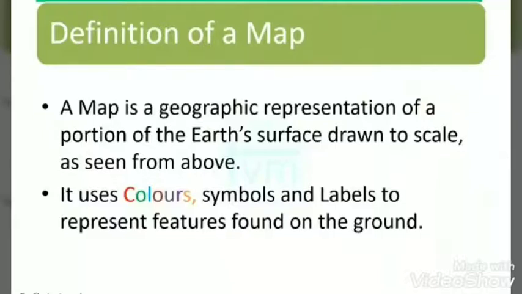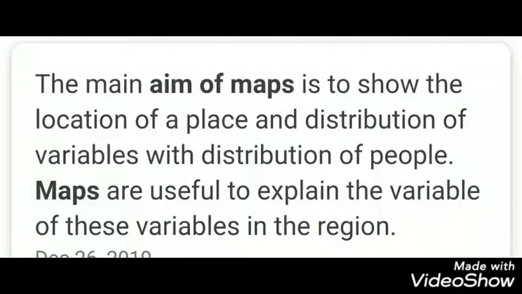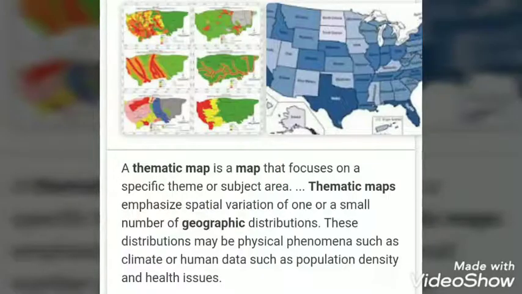So let us see what is the aim of maps. The main aim of a map is to show the location of a place and distribution of variables. So let's begin with thematic maps. The maps that are prepared with special themes are called thematic maps.